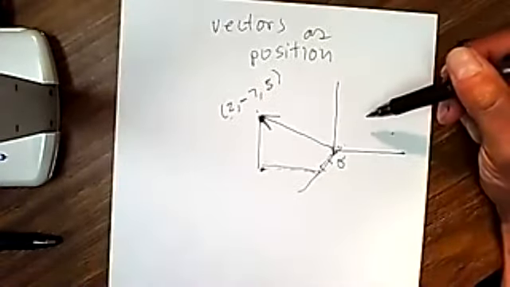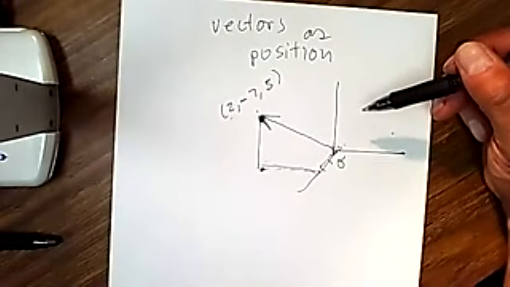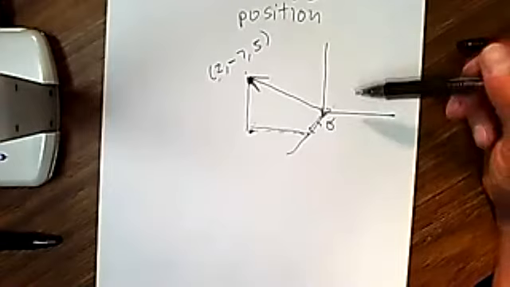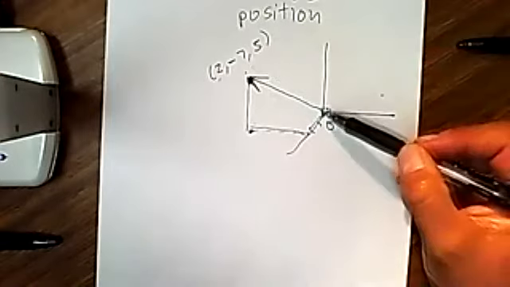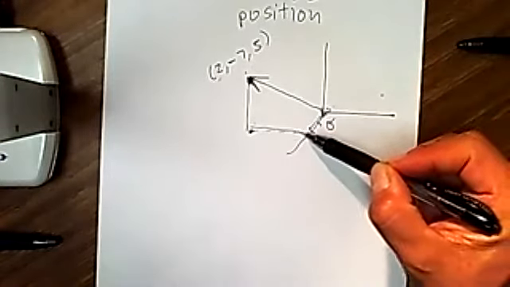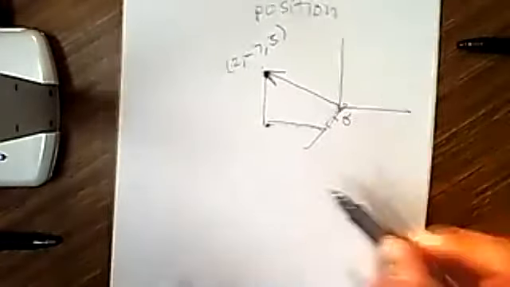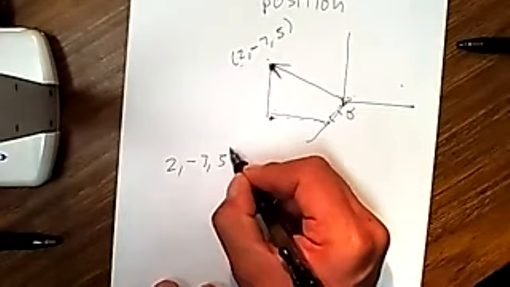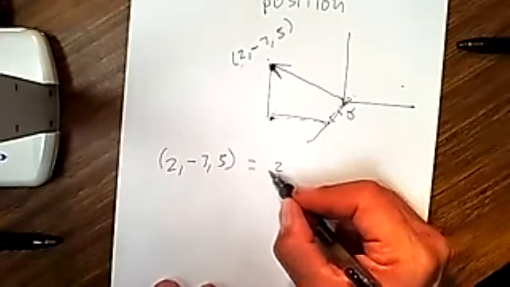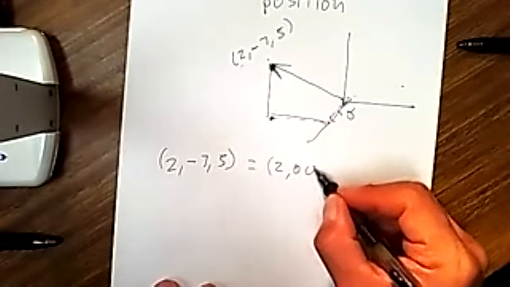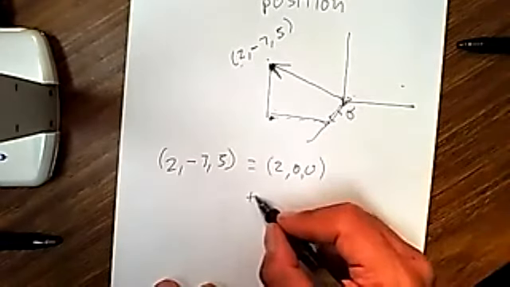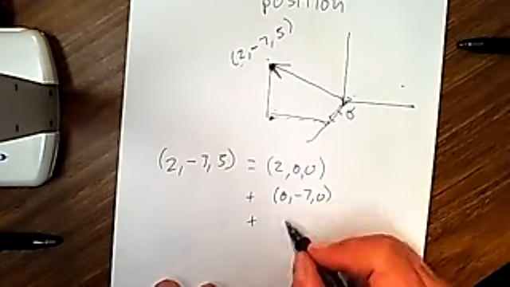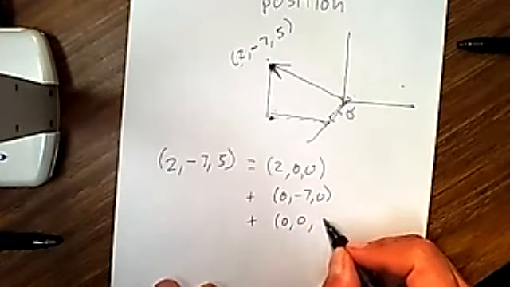Now, one problem with that is that we can think, well, wait a minute, but there's more than one way to go from 0 to here. You can move 2 this way and this way. In fact, it is true that 2, comma, -7, 5 is equal to 2, 0, 0 plus 0, -7, 0 plus 0, 0, 5.